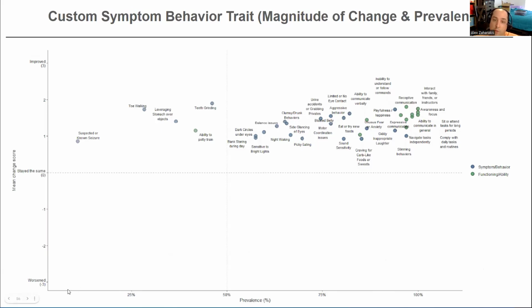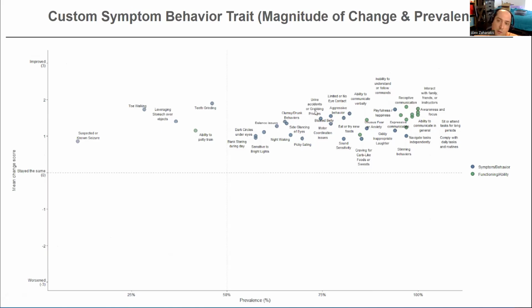And along the y-axis is the magnitude of improvement or worsening. So remember, in this section, we had scoring of -3 to +3. +3 meaning significant, +2 meaning moderate, +1 meaning slight improvement. So on this graphic, looking at the y-axis, as I get towards the top and towards the right, I have both a high level of improvement and also a high level of prevalence.